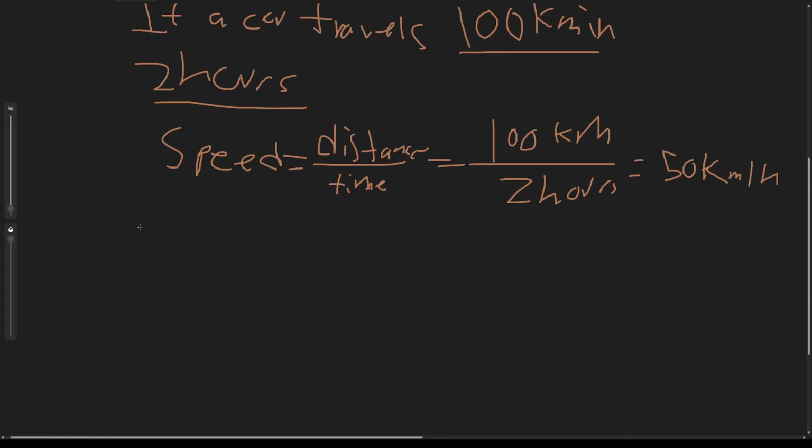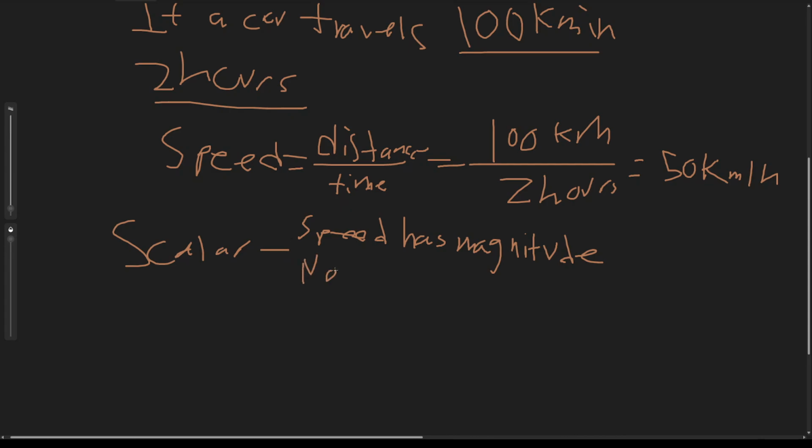And speed is a scalar quantity. What that means is basically it only has magnitude. Speed has magnitude only. There's no direction associated with it. That's velocity, and I'll get into that. But that's what scalar means: there's no direction, only magnitude or size.